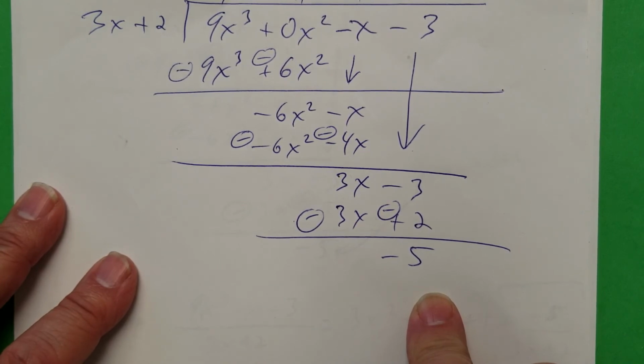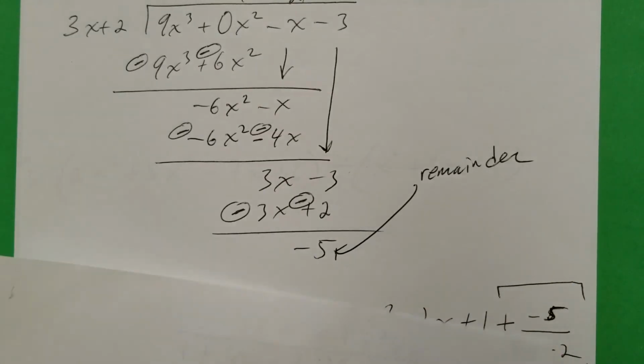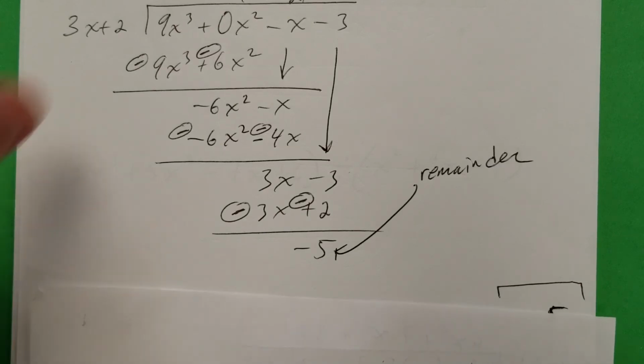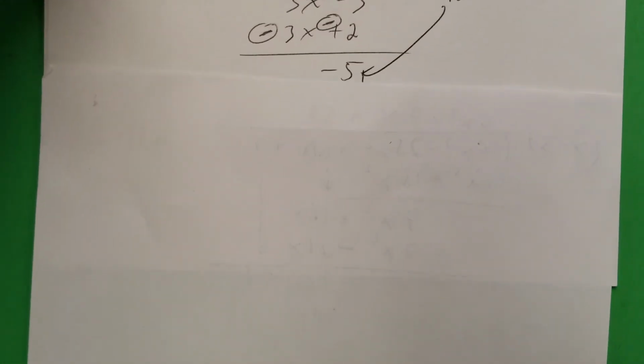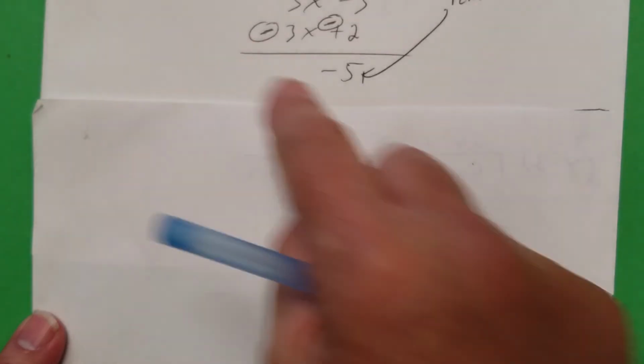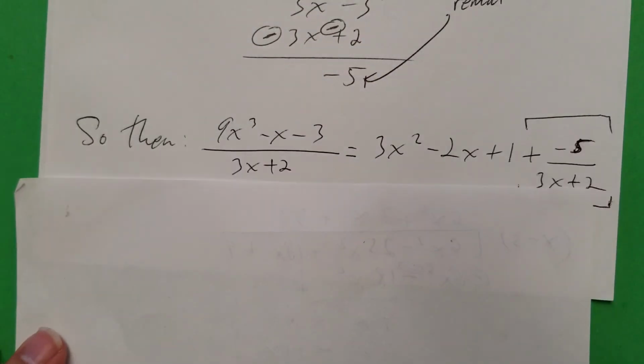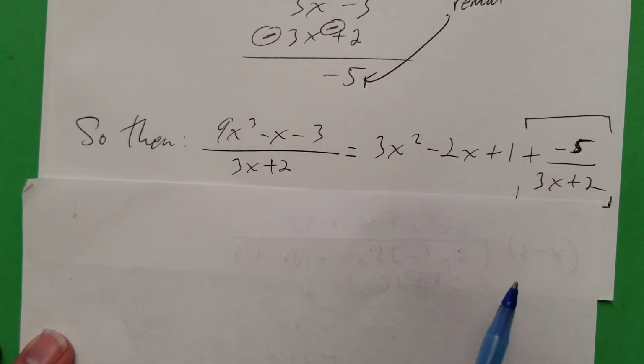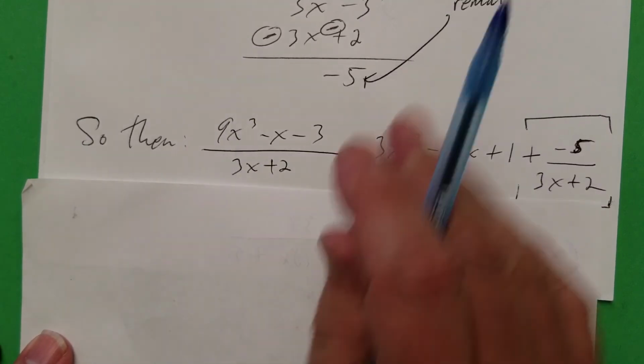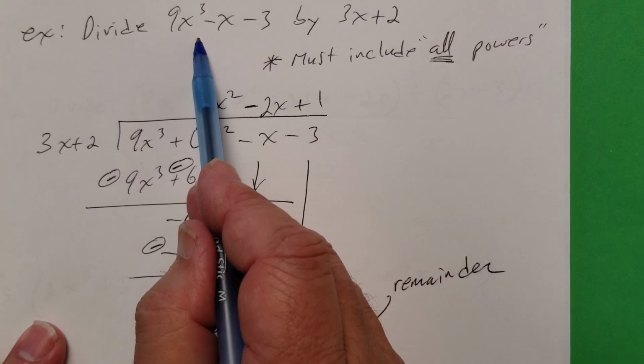Okay? So how do we write that down? I wrote this before. So this is the remainder. Well, let's write down the problem first. This is what we did, right? This divided by this.